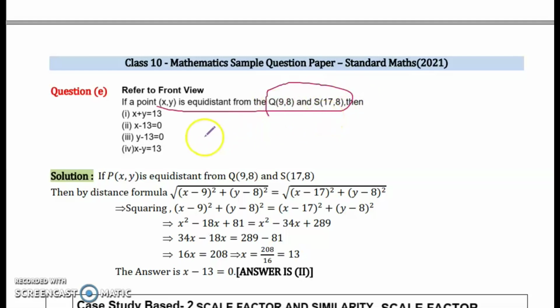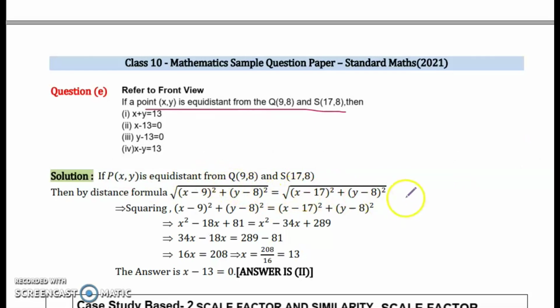What is the given question here? X comma y is equidistant from Q and S. Let us assume that P is a point which is equidistant from Q and S. Apply the distance formula.